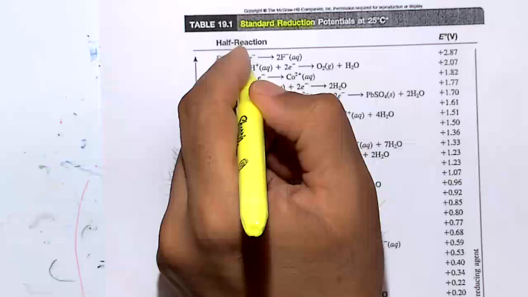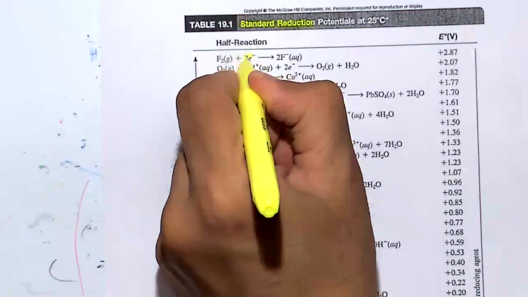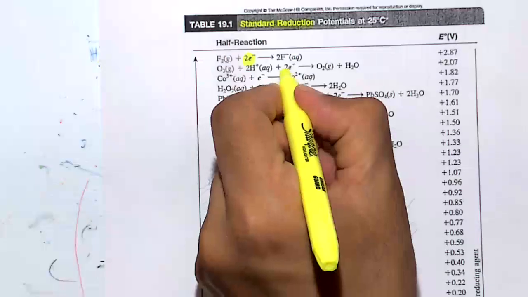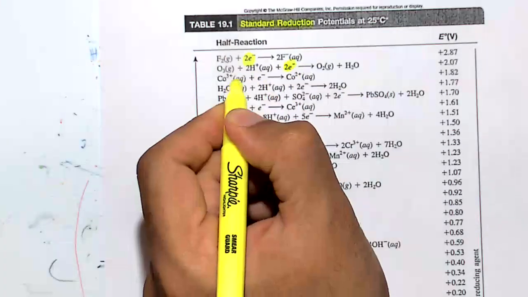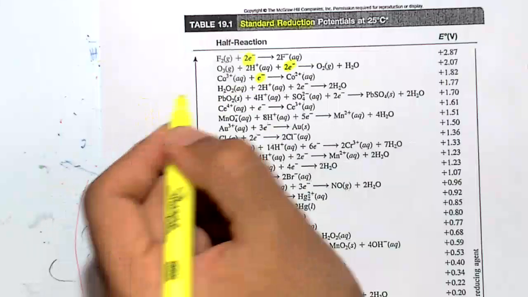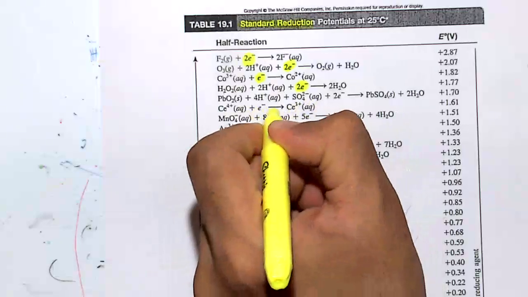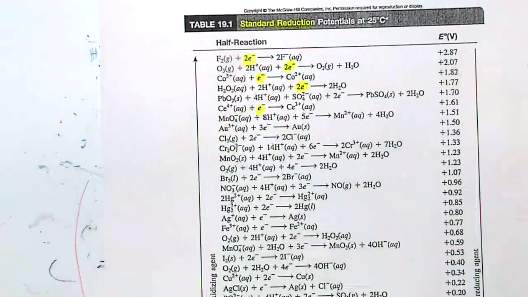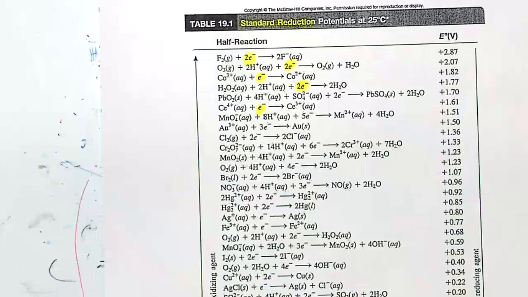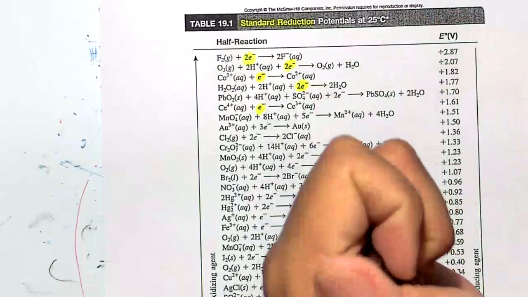Gaining electrons, right? Look, this is gaining 2 electrons. This guy is gaining 2 electrons. This guy is gaining an electron. This person is gaining 2 electrons. We have cesium gaining an electron. So all of these are reduction half reactions.